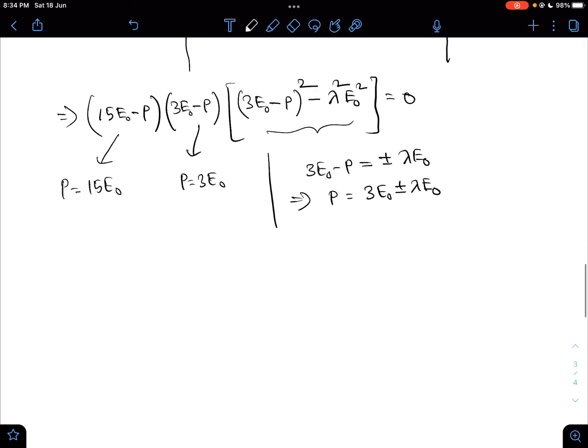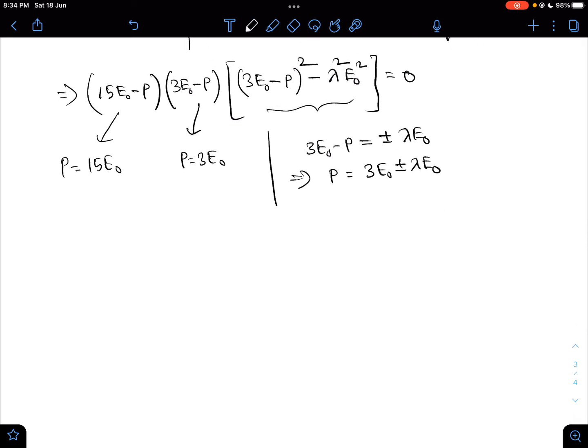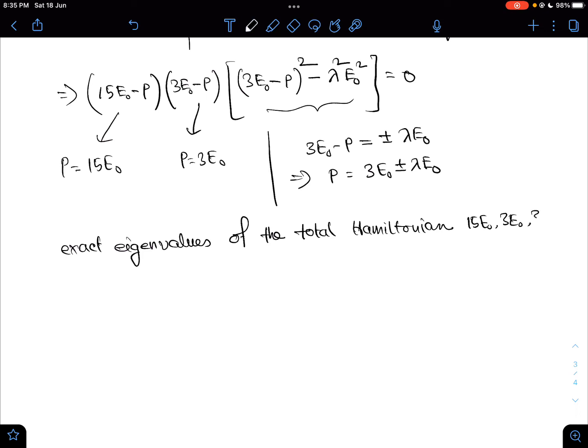So what are the exact eigenvalues of the total Hamiltonian? They are 15E0, 3E0 and 3E0 plus minus lambda E0, where lambda is 1 by 100.